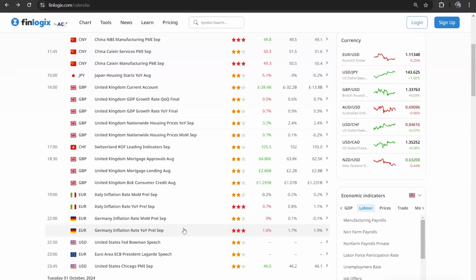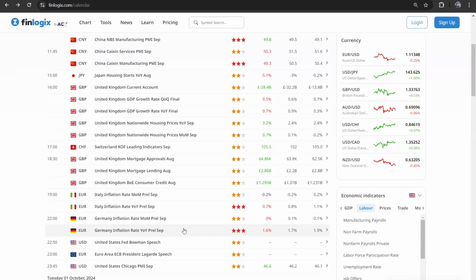But still, it's very important, okay? We were expecting 1.7%, and it came in at 1.6%. And that's when the euro lost a little bit of strength, and it came back down to the levels where the price is at the moment, at 1.1134, 1.1135.